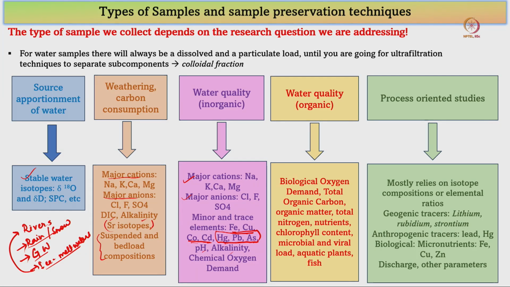For organic analysis, what do I need to know? I need to know the biological oxygen demand, how much organic carbon and organic matter is there, how many nutrients are there, whether it is moving towards eutrophication or not, what the chlorophyll content is, whether there is an algal bloom or not, what the microbial load and the viral load are, how many plant species I can identify, and some of the fish species.